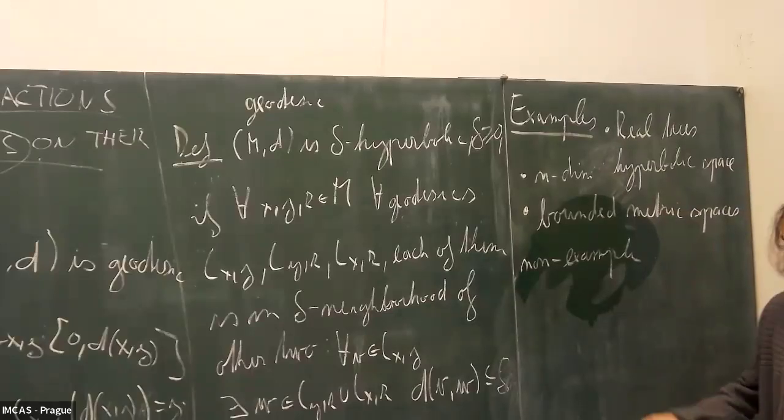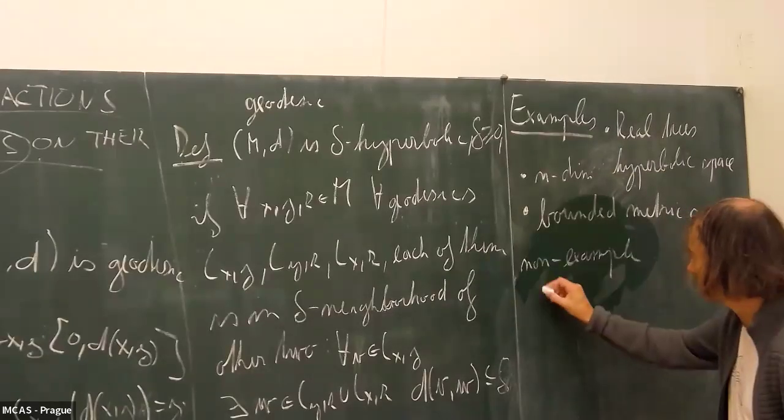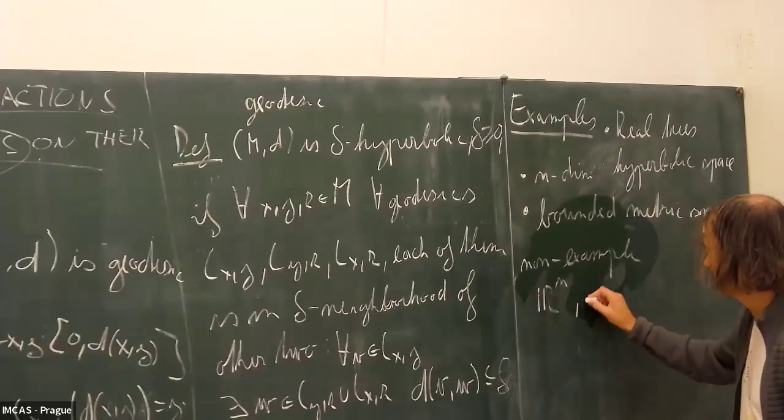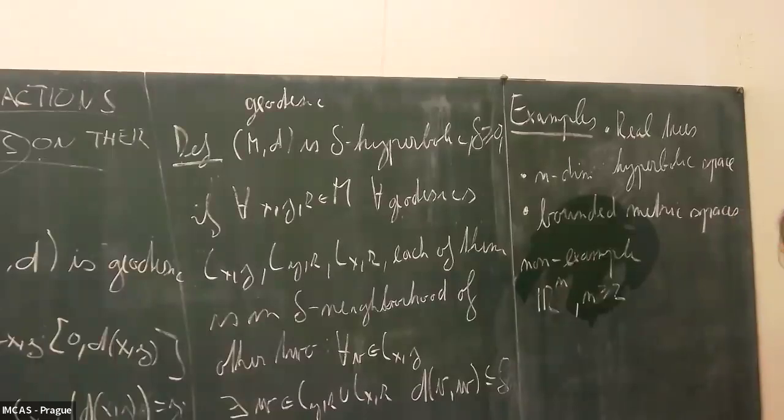The typical non-example would be the Euclidean space of dimension two, R squared. Then you can immediately see that it's not hyperbolic because the triangles look like this, and whatever the delta is, you can find a triangle that violates it, because a linear space is a limit of hyperbolic spaces.